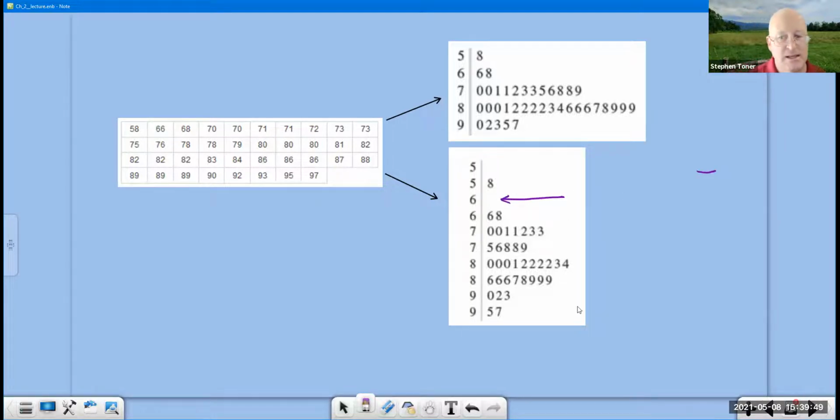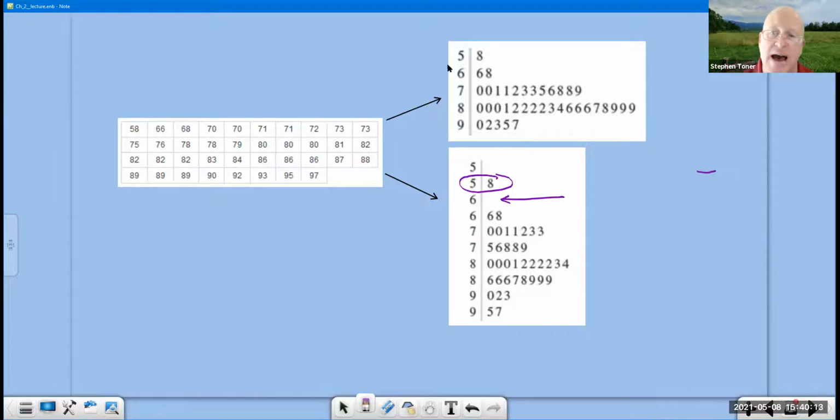Now, you might say, wow, why do I have that in my graph? Well, I do want to keep that blank there because it shows me some separation. It shows me that the 58 that is in the row above it is actually spread apart. It's separated from the next lowest value, which is 66.